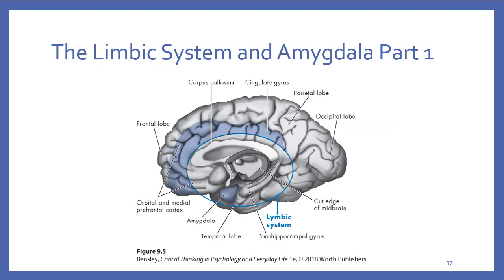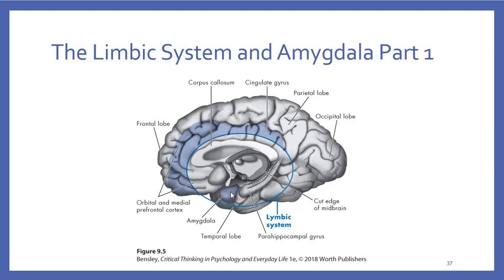So when we look at a picture of the brain, this is part of where the limbic system resides. The limbic system is part of the hippocampal gyrus, but it is a large part of the brain. There are regions of the limbic system that are far enough away from the midbrain that they reach out into these cortices and allow interaction.